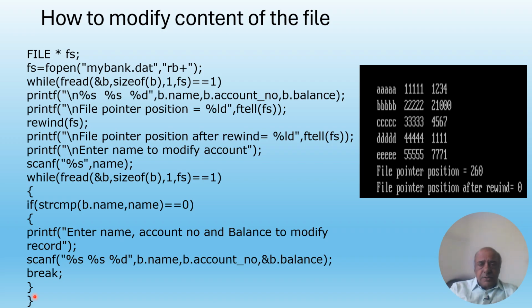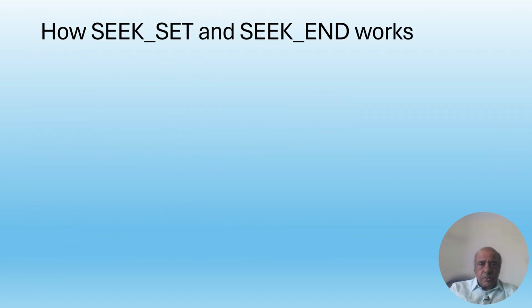which has been entered by the user in this printf statement, enter name to modify the account. Now what we have to do is take the pointer back to the record which we want to modify.